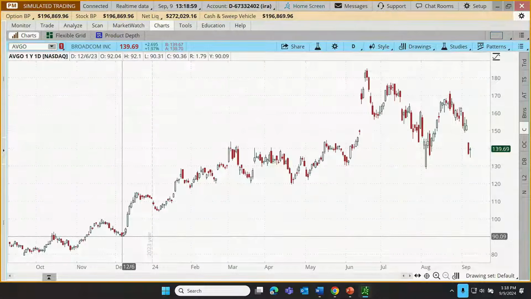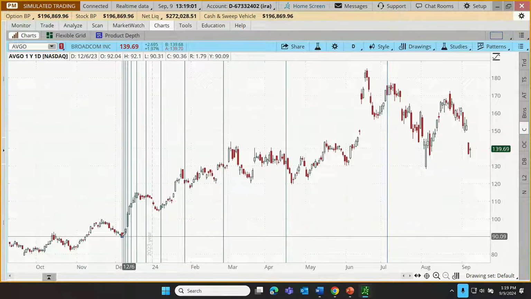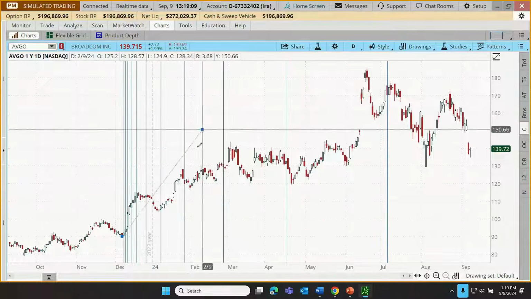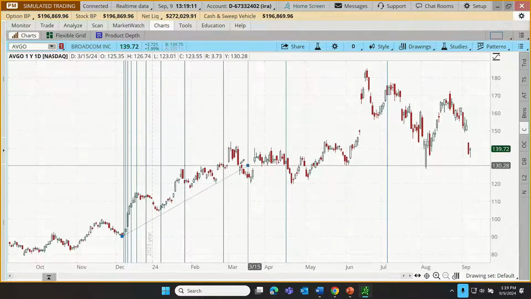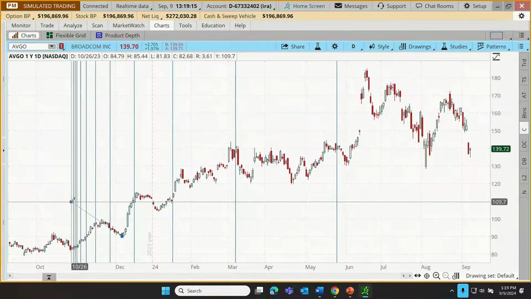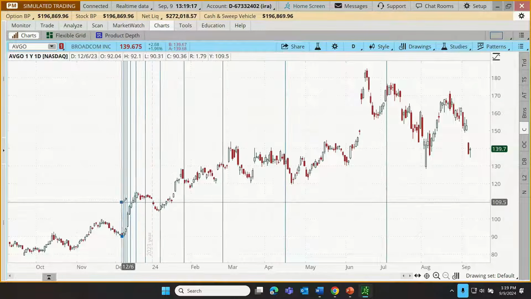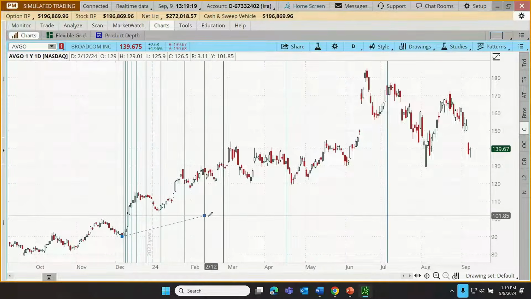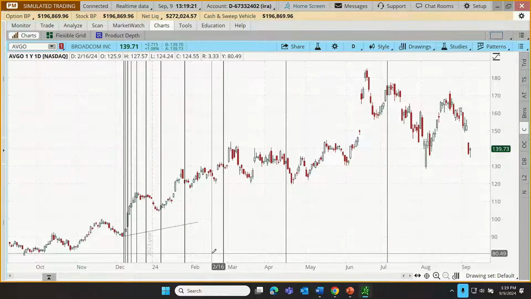So if I were to click on December 6th, what that's immediately going to do is it just projects out a whole series of lines. And now if I move my cursor around, you notice it's not actually moving the indicator at all. If I go backwards, it's moving with me as though I want to reposition the indicator. But if I'm fine with where I started, I just click again, and that sets these lines.